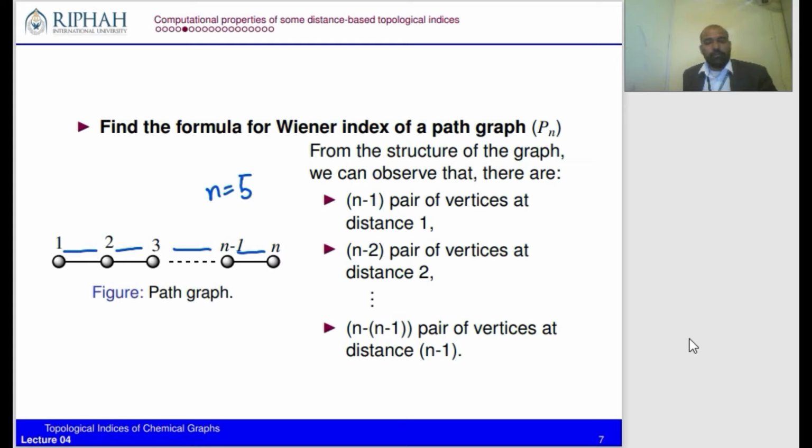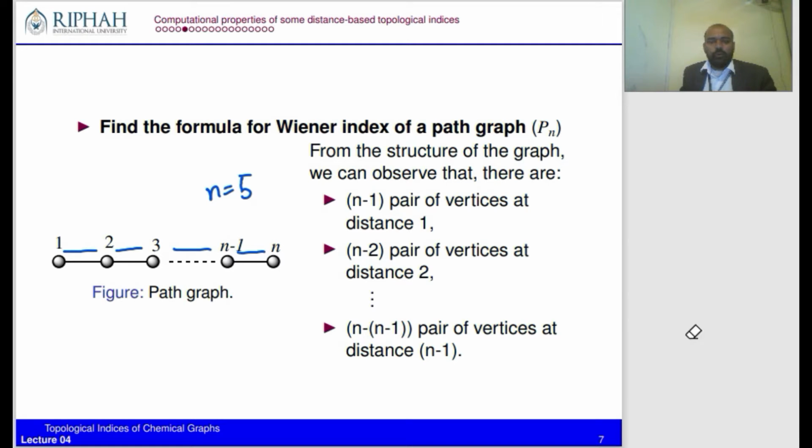There are 4 pairs because n is 5, so there are 4 pairs which are at distance 1. So n minus 1 pairs of vertices are at distance 1, because we have to find the distance between all unordered pairs.